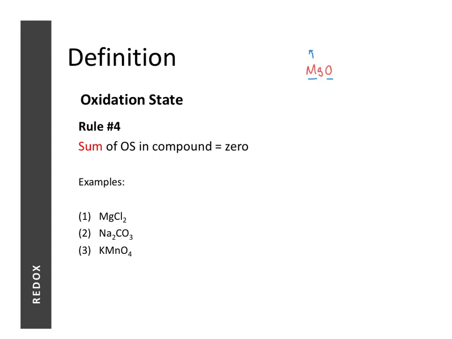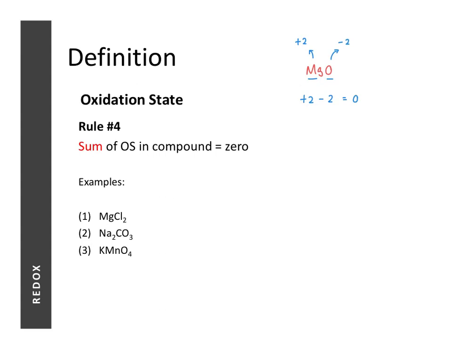Magnesium is in group 2, so when group 2 elements form a compound, it has a fixed oxidation state of +2. Oxygen, when it combines with another element in a compound, has a fixed oxidation state of -2. So what does the rule say? The rule says that when we sum up the oxidation states, +2 minus 2 equals 0. So why do I say that this rule is powerful?